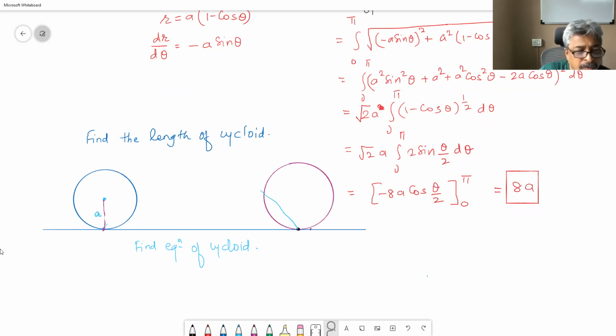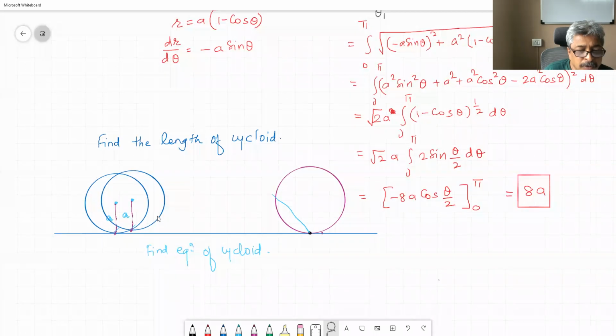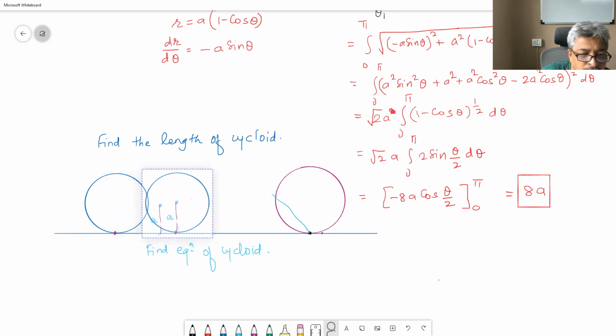And I will try to copy this circle and put it in another location. Let us have it intersecting.